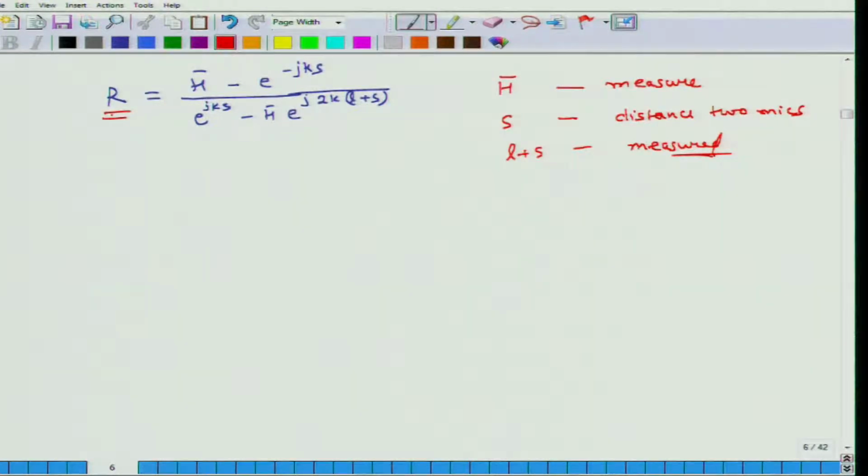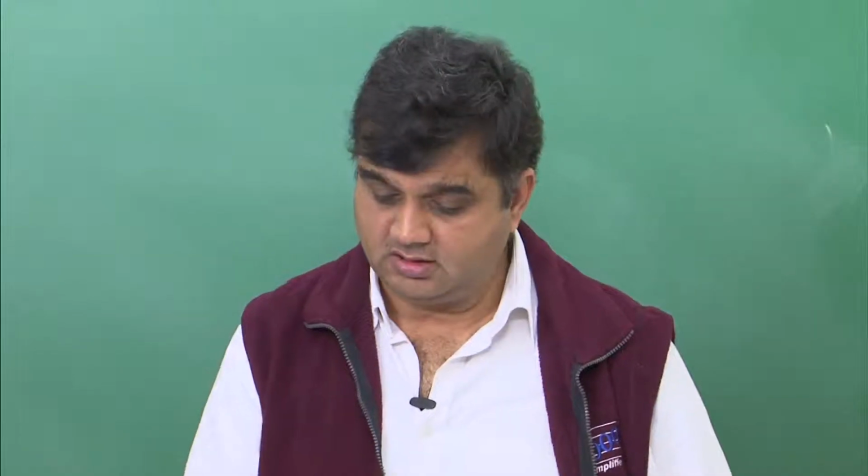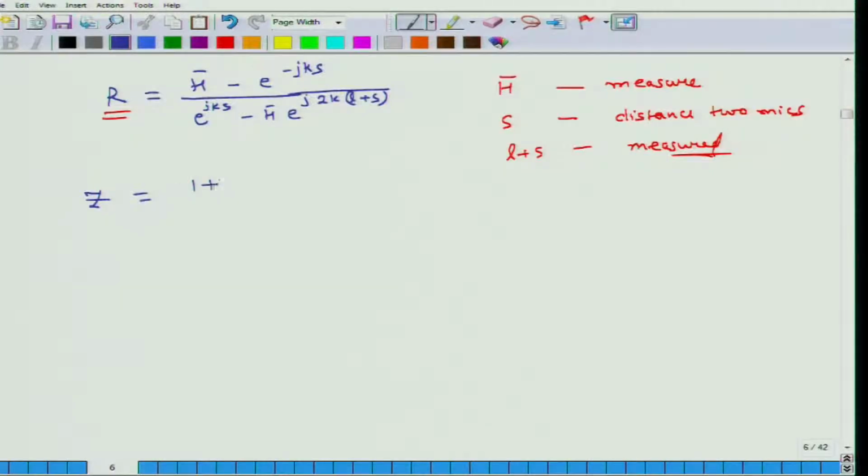And then we know that Z, which is the specific acoustic impedance of the material, is 1 plus R divided by 1 minus R times Z naught, where Z naught equals rho naught c. Okay.